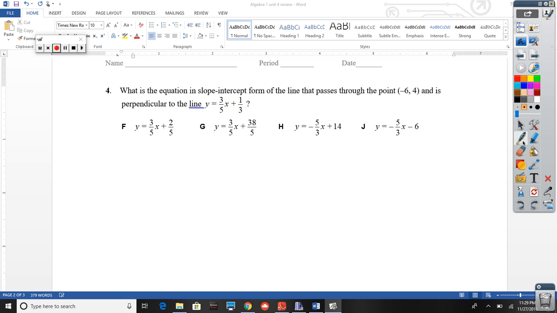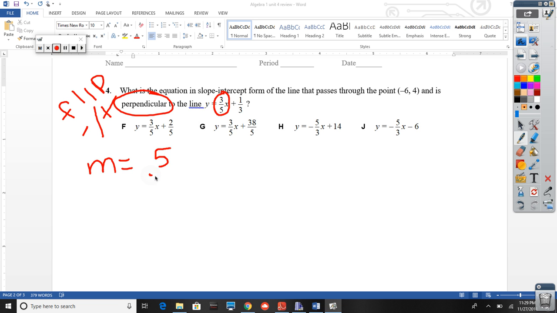So right away you see perpendicular, and we know that you gotta flip the slope, make one negative and one of them is positive, right? So if I want it to be perpendicular, I need to look at the slope, okay, and I need to flip it. So my m is gonna be flipped, 5 over 3. This one's already positive, so I gotta make this one negative. That's the slope I'm gonna use.